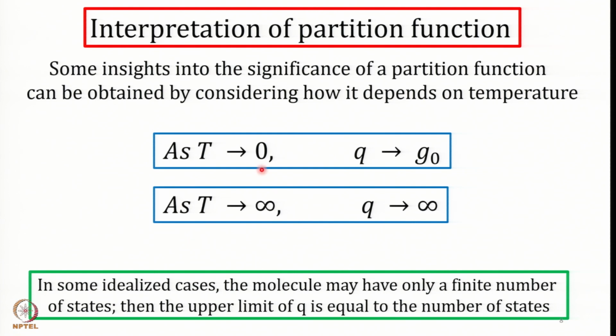When temperature approaches 0, only the ground state is available. When temperature approaches infinity, the molecular partition function also approaches infinity. That means almost all the energy levels are accessible to the particles or to the molecules. This is how we started the interpretation of molecular partition function.